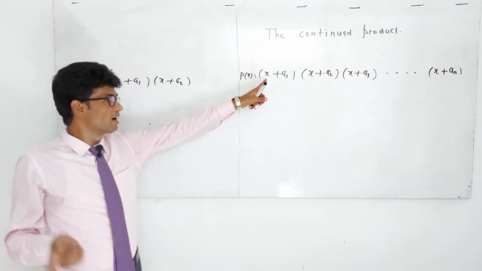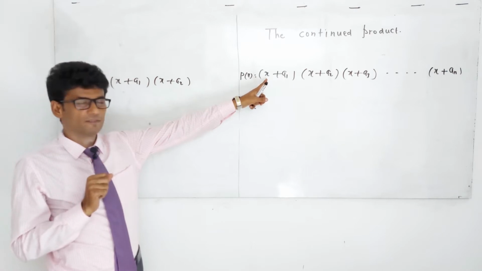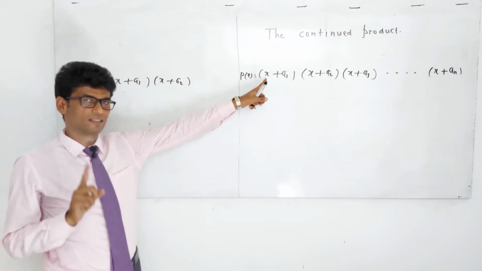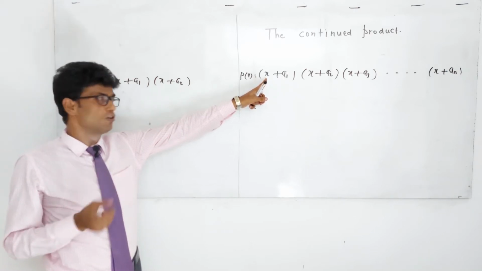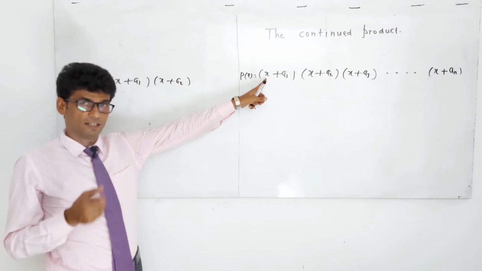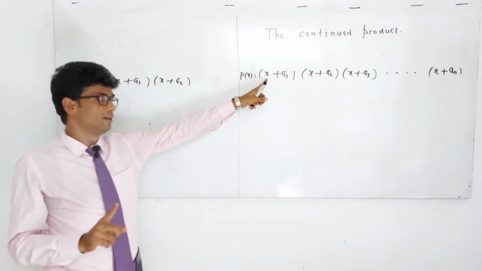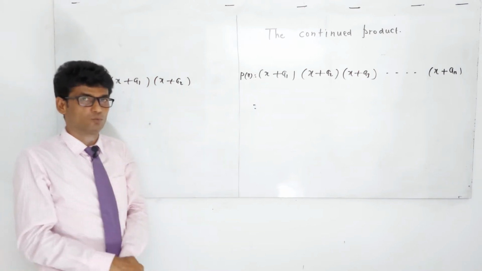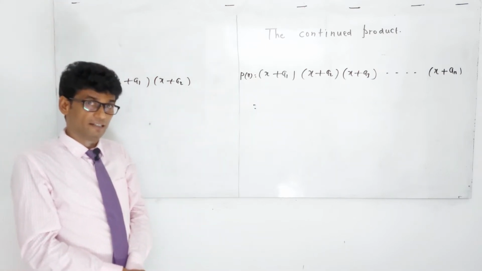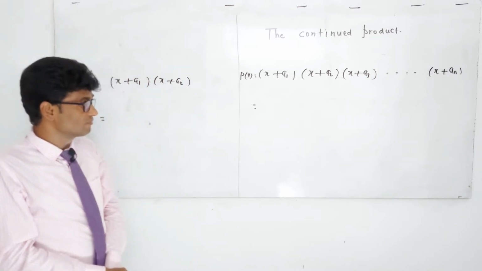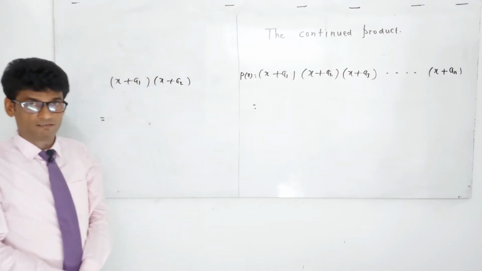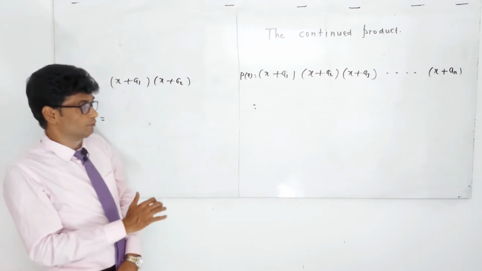Now you may ask me, if the coefficient of x in each factor is not equal to 1, then what do we have to do? So I say you have to take common firstly and then use the trick I am going to give you today.